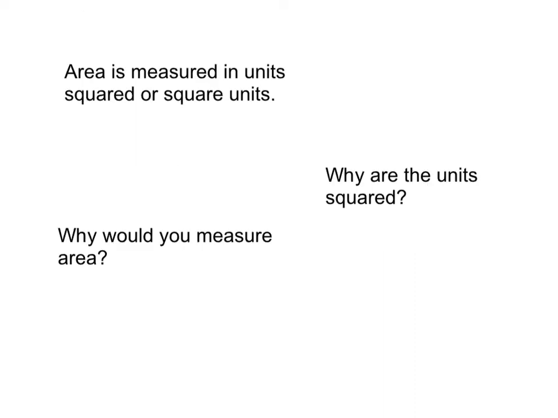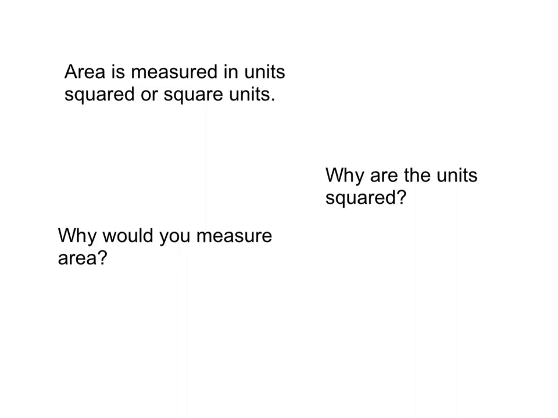The first thing I want to tell you is area is measured in square units or units squared. For example, if I'm going to say the area of a room is 100 square feet, that would tell you the area there. You could say square meters, or meters squared, or feet squared, or square feet.